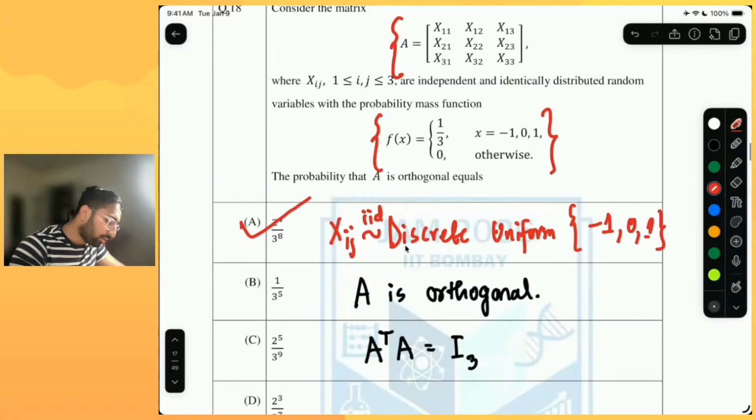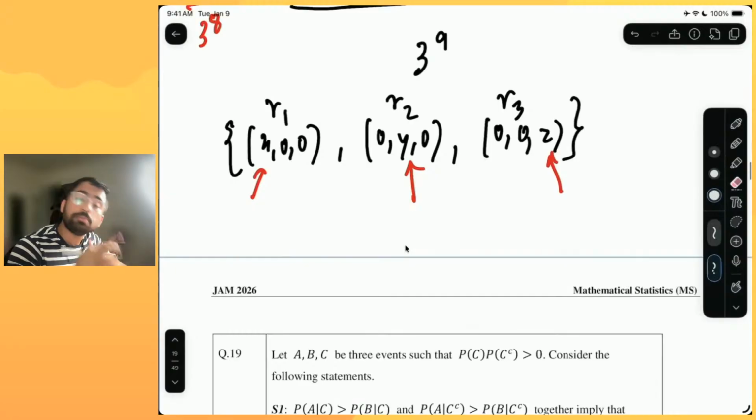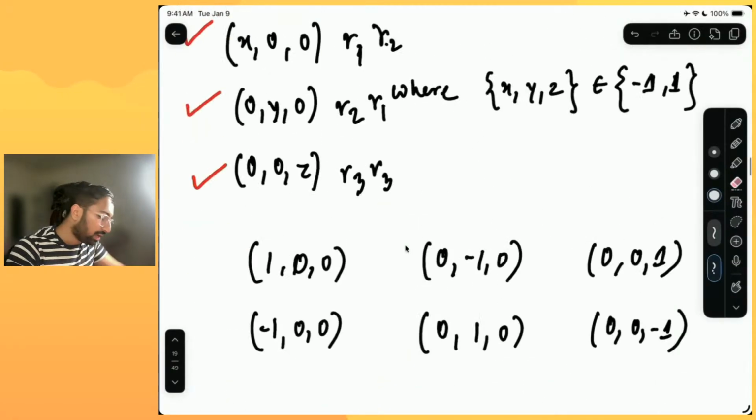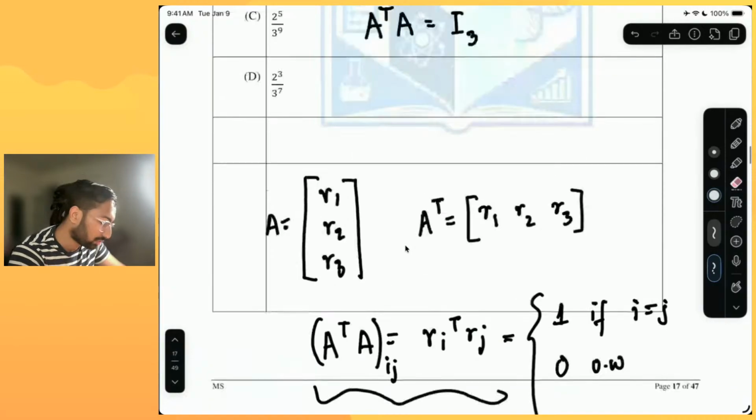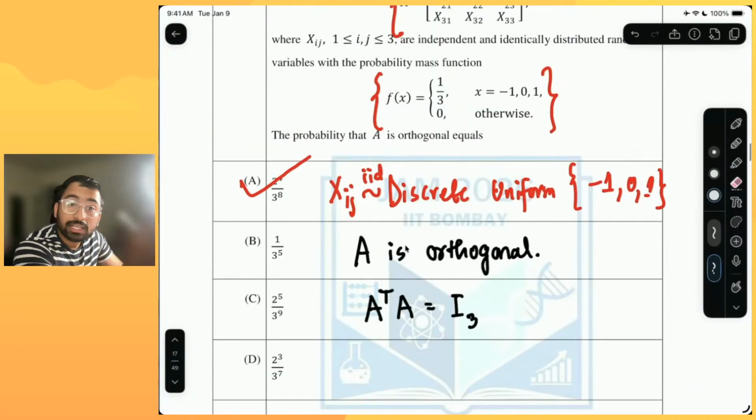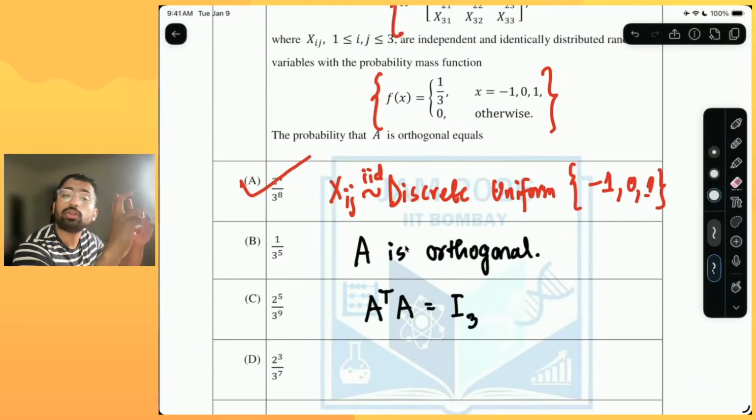But the most important thing is, there are important things that we discussed here. Number 1 is that when a matrix is orthogonal, what does it mean geometrically in terms of the orthogonality of the row vectors? The row vectors form an orthonormal basis, and the same goes for column vectors.